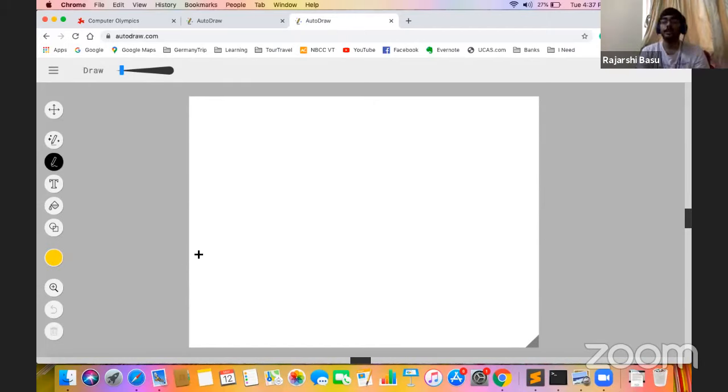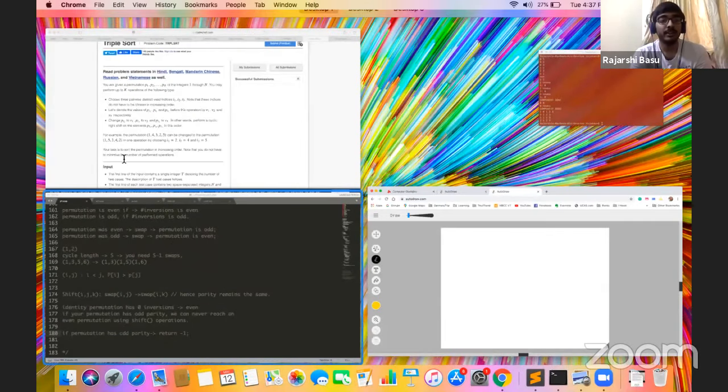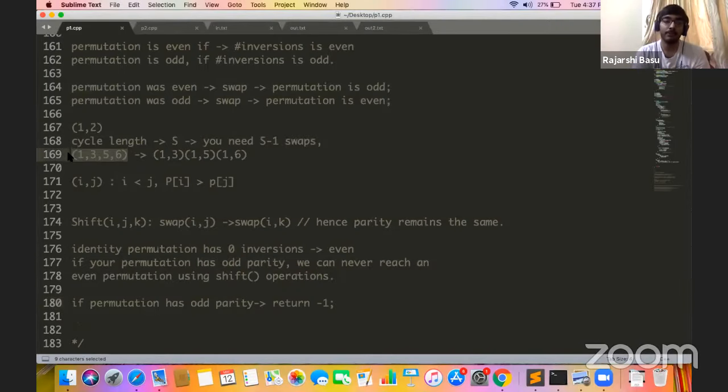There can be cycles of even length and cycles of odd length. Now notice here that if a cycle has 4 elements, you need 3 swaps, correct? So instead of saying that a cycle has even length when there are 4 elements, for the sake of convenience, I'll say the cycle has even length if we need an even number of swaps, like 4, to correct the cycle. So in this case, this is actually an odd cycle in my terminology. Odd cycle means we need an odd number of swaps.